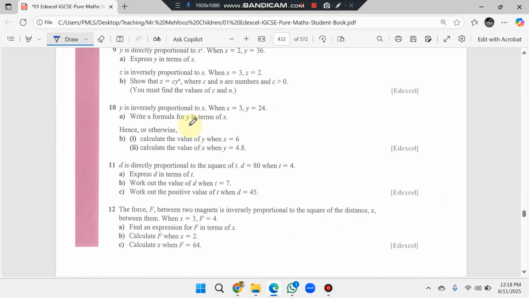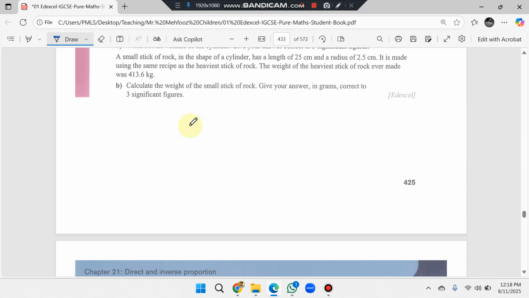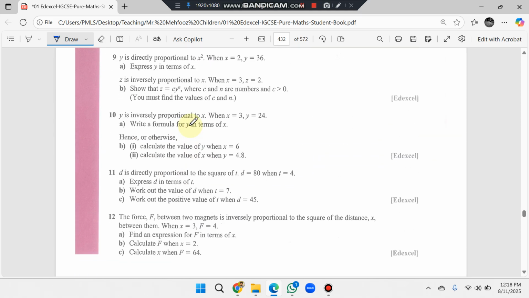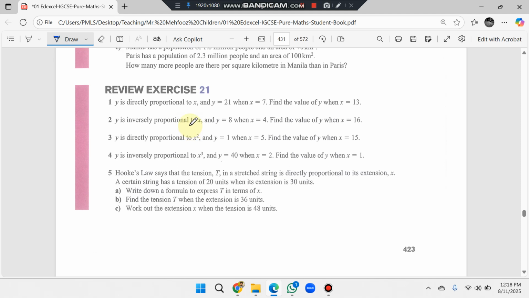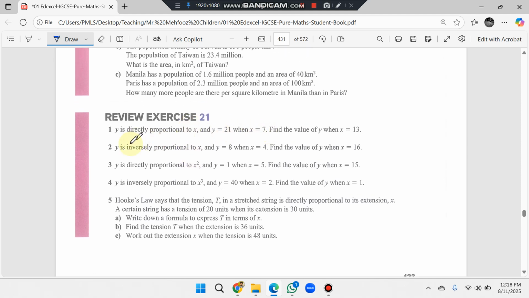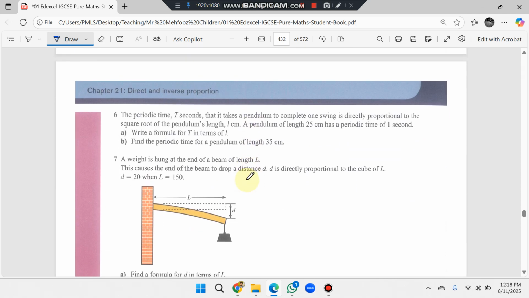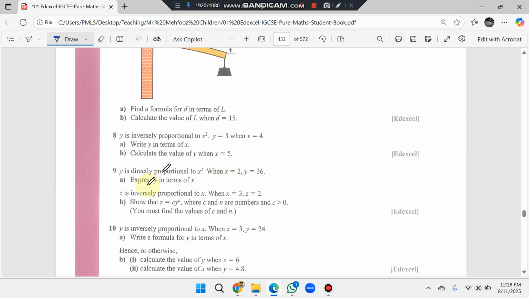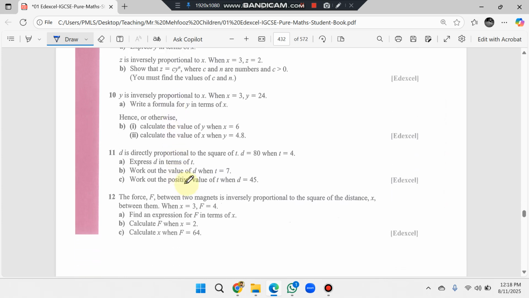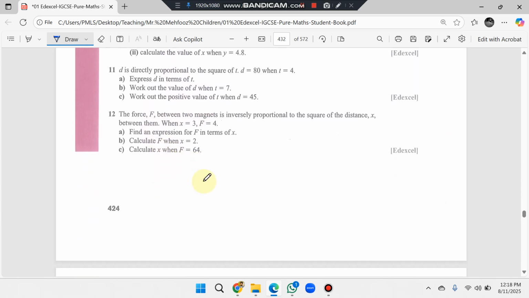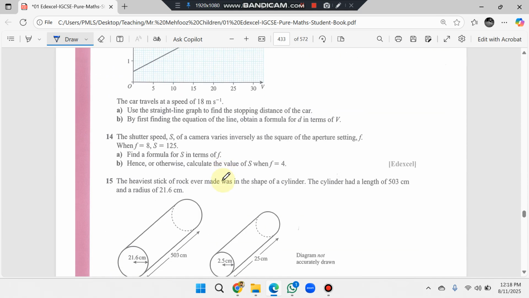So here we also have some questions which summarize this chapter and which include all topics of this chapter. So you have to complete every type of question from the review exercise. First is about directly proportional, second is about inversely proportional, third is, you can see, this will become directly proportional, inversely proportional.